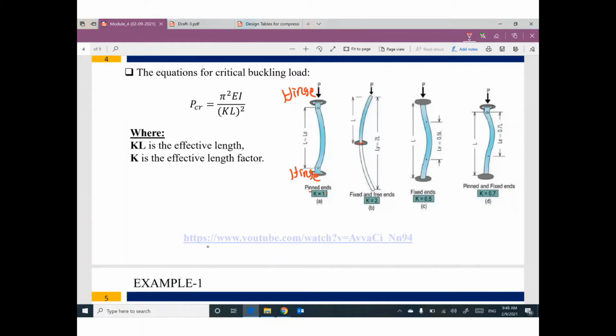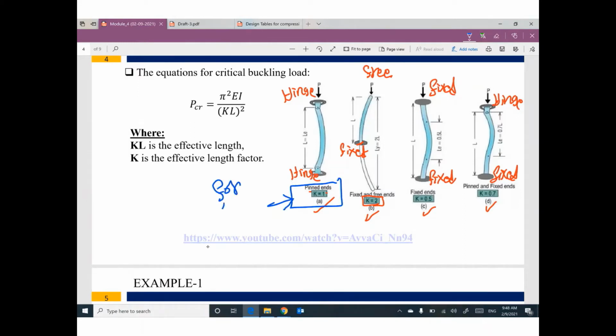If the member is fixed from one side and free from the other side, the value of K equals 2. K equals 0.5 if the column or the member is fixed at both ends. If the member is fixed at one end and hinged or pinned at the other, K equals 0.7. For truss members, we are in this scenario.